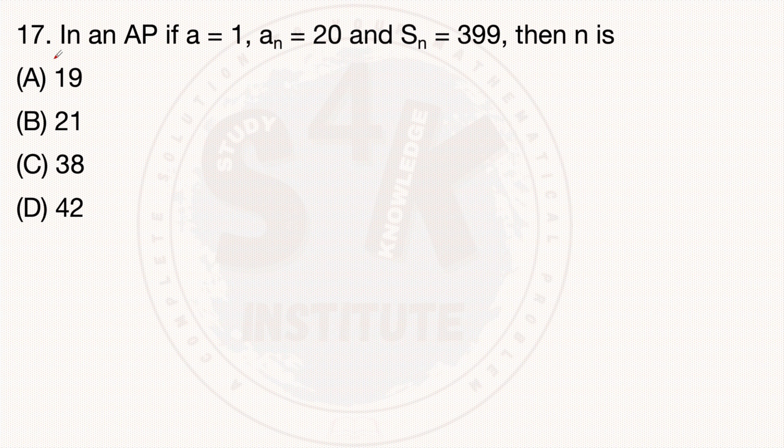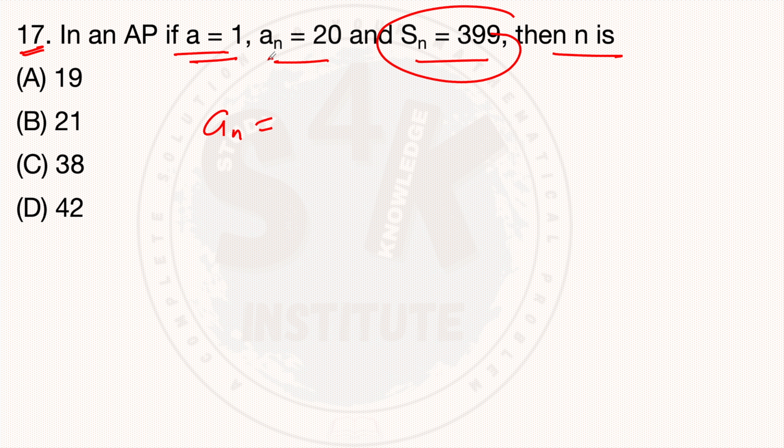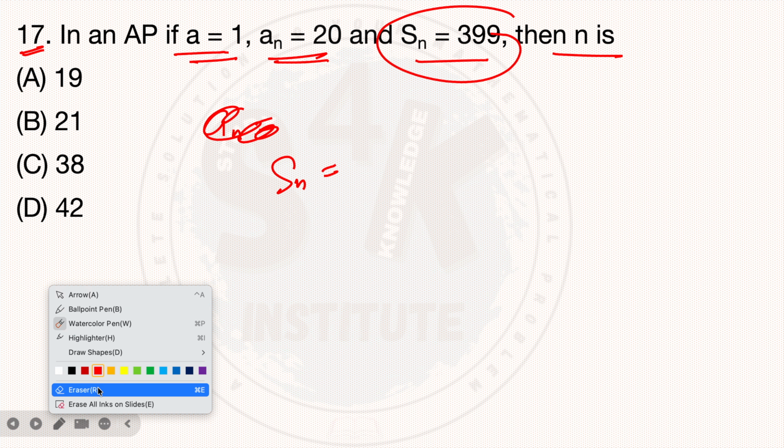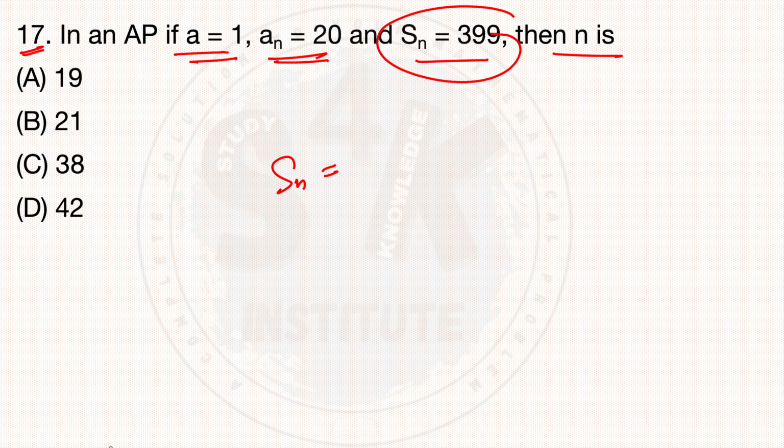Next question. a is given, an is given, Sn is given, and the number of terms is asked. If you know the formula of Sn in terms of a and an, that will be good. Let's write down Sn. Sn will be n by 2 into (2a plus (n minus 1) into d).